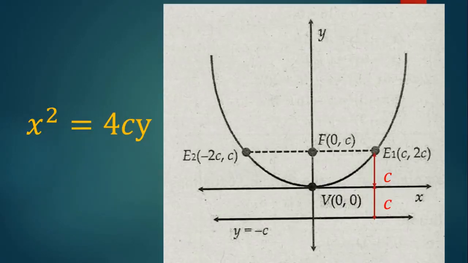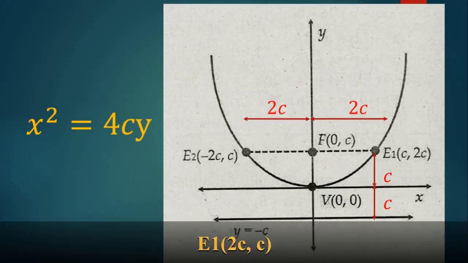When it comes to the endpoints of our latus rectum, the coordinates of E sub 1 will be (c, 2c). Okay, this is wrong. It should be (2c, c).